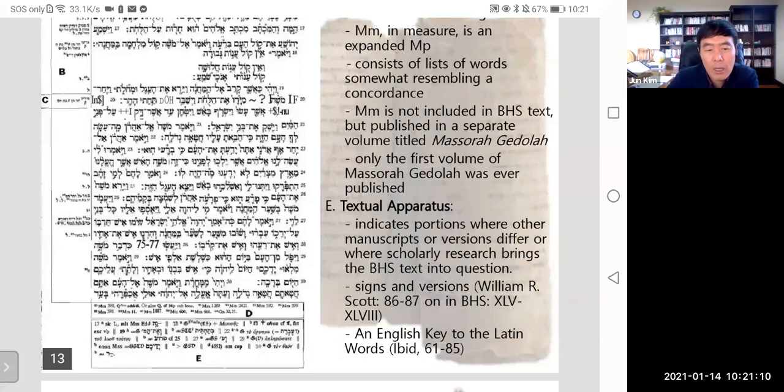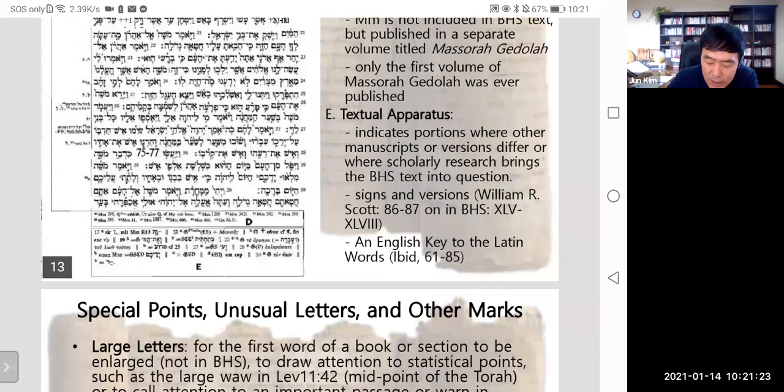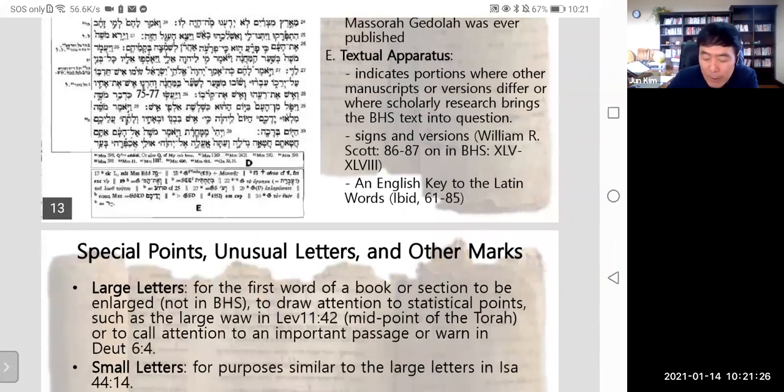Actually, we don't even apply this. What really matters in our classroom is section E. Only the first volume of Masora Gedola was ever published, so it's incomplete, and you cannot be really dependent on that information yet. Then let's talk about section E, which is called textual apparatus.